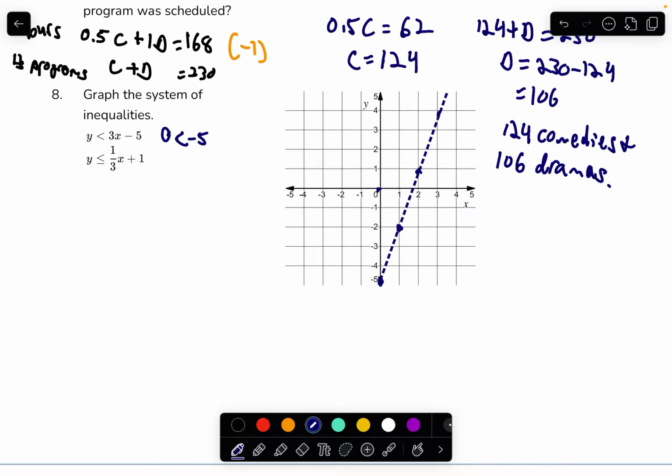And you're supposed to say, hey, wait, no, so that means you have to shade the other side. I'm going to tell you another way of doing it: when it's written in slope-intercept form like these are, if it's a less than symbol, you shade below the line. So notice, that's a less than symbol, so we're going to shade below the line. So for this, the shading's down here, okay?